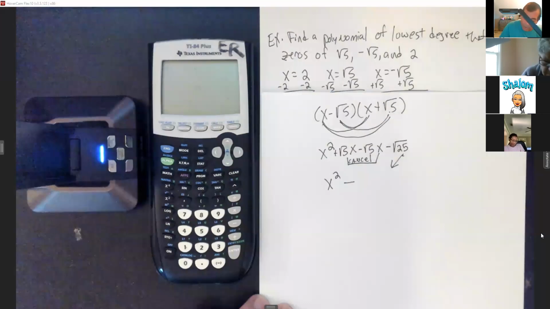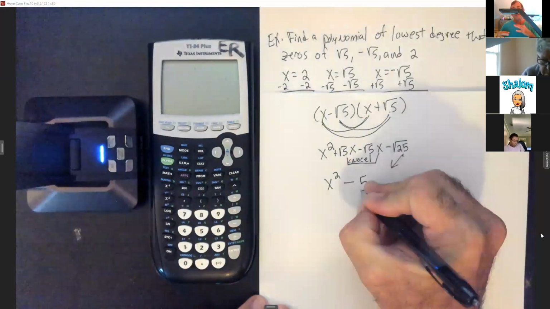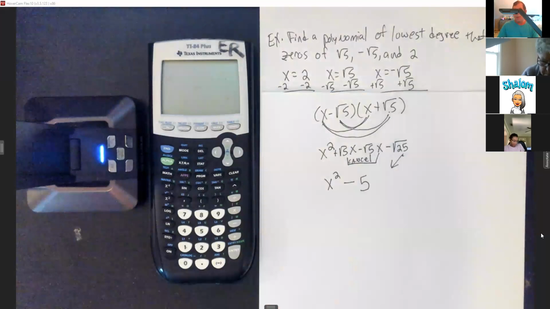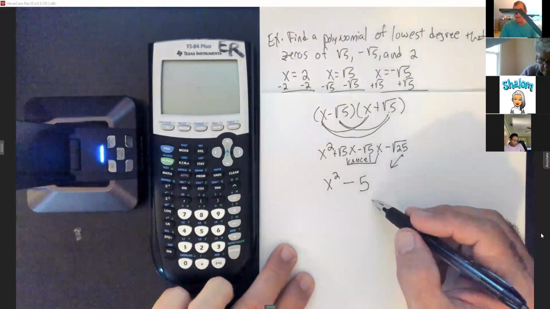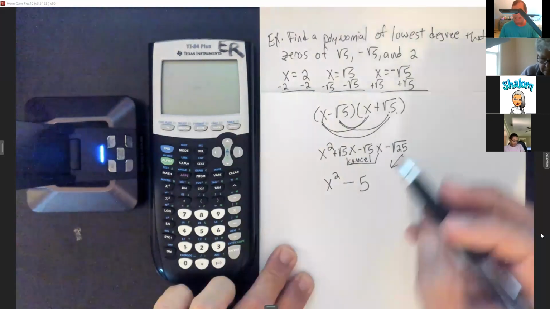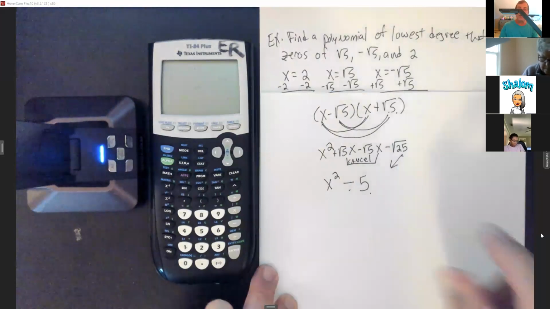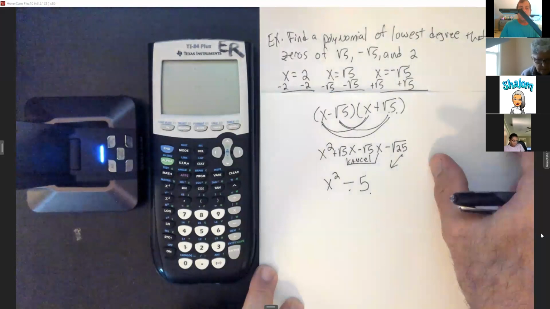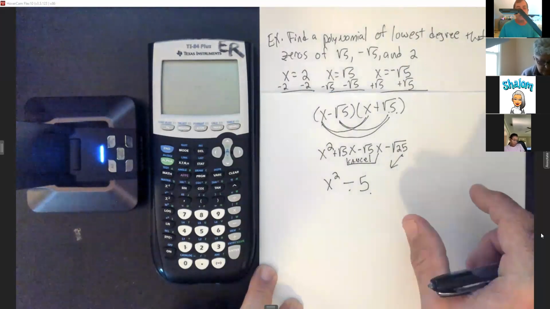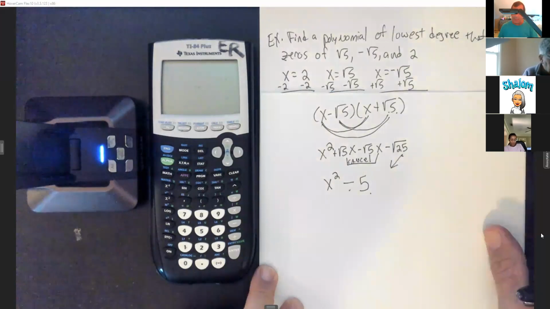Square root of 25 is going to give me a 5. So check this out. When you FOIL conjugate pairs of radicals, you get an x squared minus some number. When I FOILed conjugate pairs of the imaginary numbers a while ago, it ended up as an x squared plus that number, okay? So this is going to be x squared minus 5.